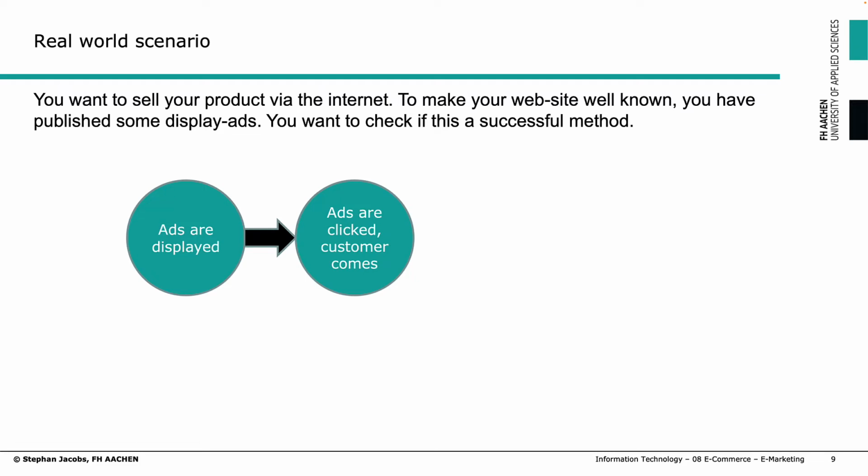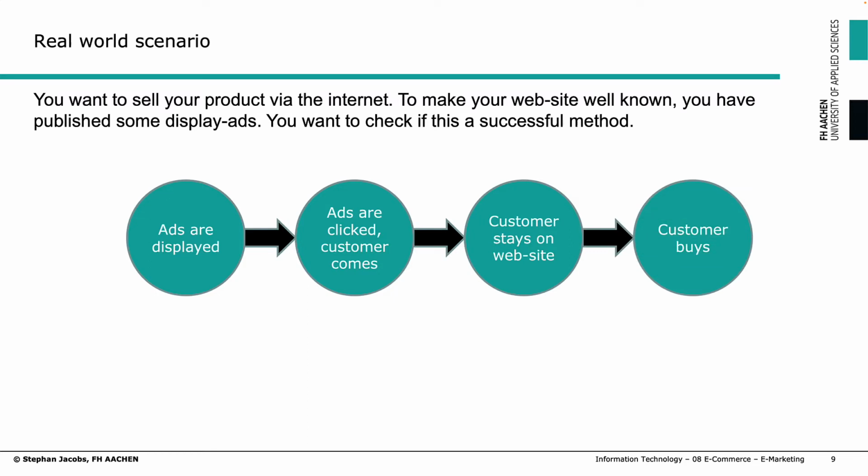These are customers who will show up in your web shop. Some of those again will stay on your website and look around, and maybe they're interested in your products. And of those, some customers will buy. Again, that's a customer funnel, and maybe these circles should become smaller and smaller to indicate that the number of people in each circle is becoming less and less.